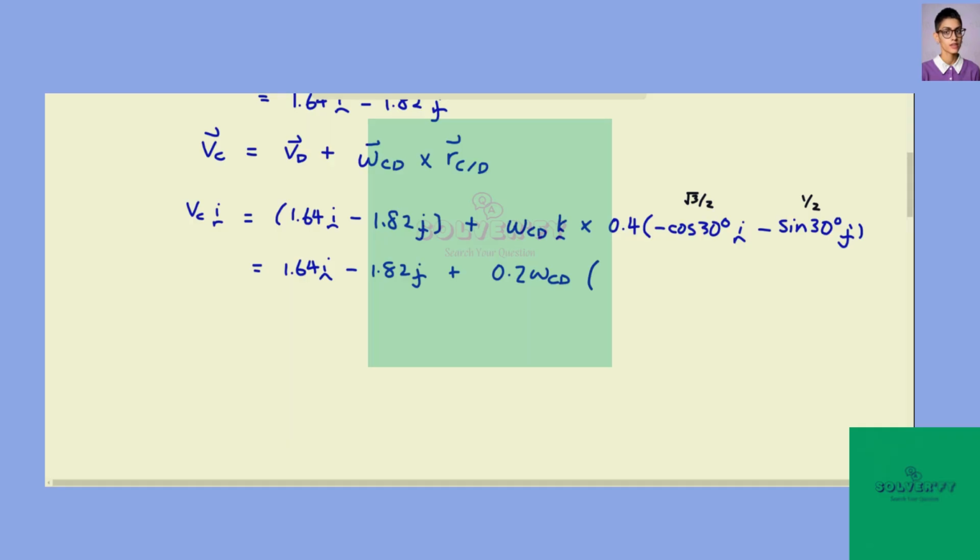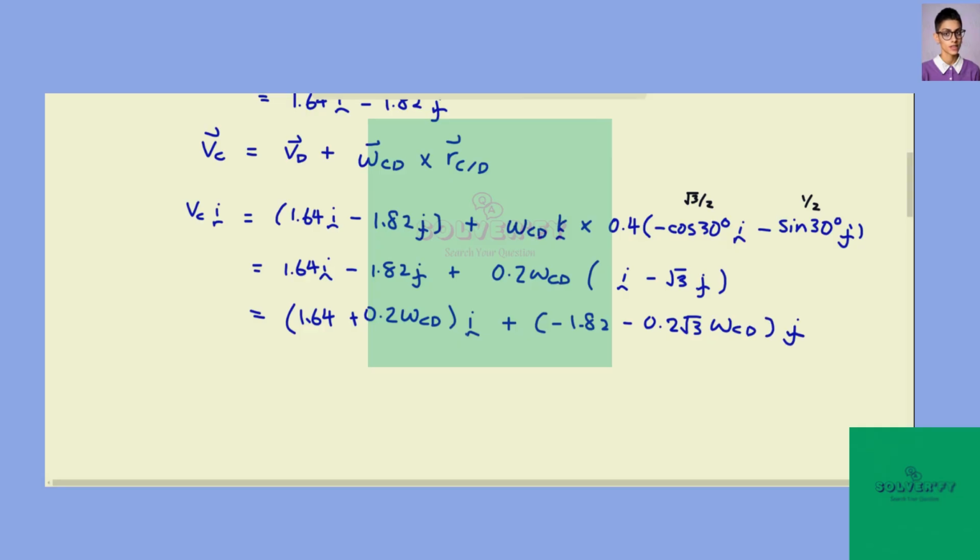So k cross minus i gives minus root 3 j, and then k cross minus j gives i. Then grouping the components, you have 1.64 plus 0.2 omega CD i minus 1.82 minus 0.2 root 3 omega CD j.